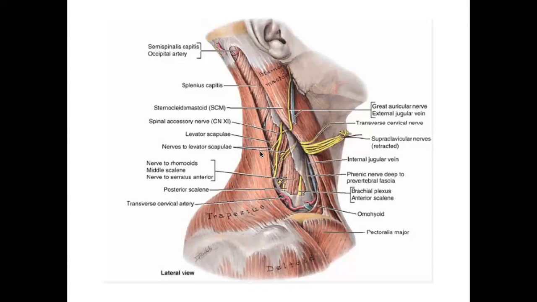Every skeletal muscle has two types of nerves. One is sensory and one is motor. Motor is for its function. Sensory means what? Sensation of movement. We close our eyes, we know that our hand is moving. How that sensation of movement is happening is called proprioception.